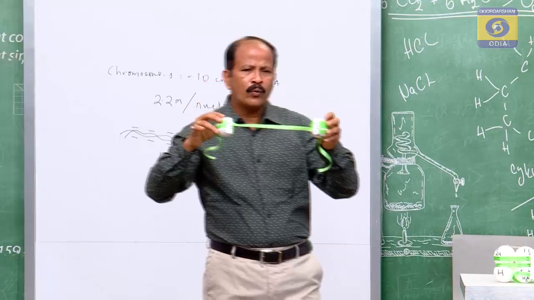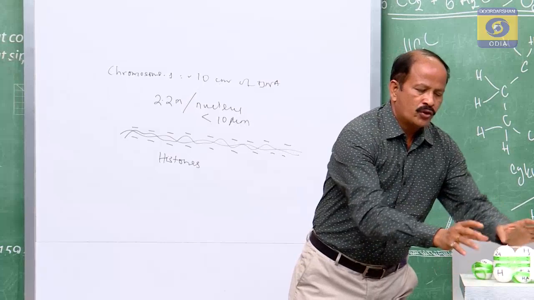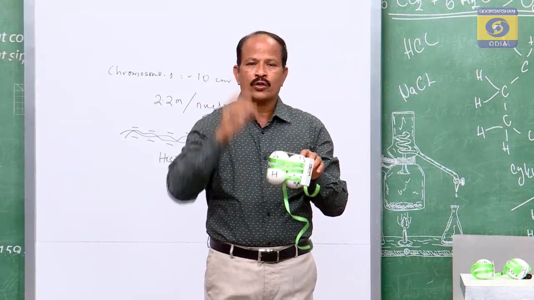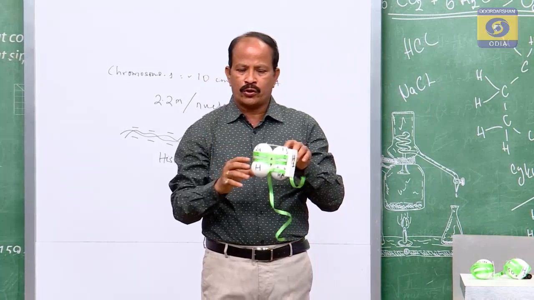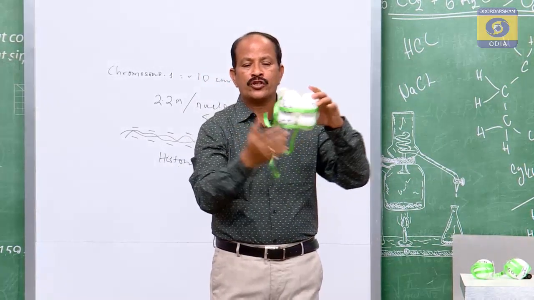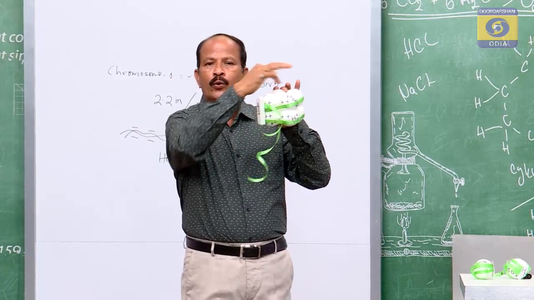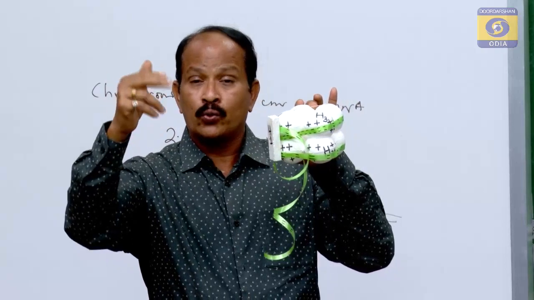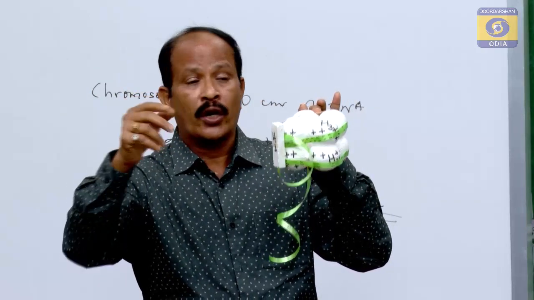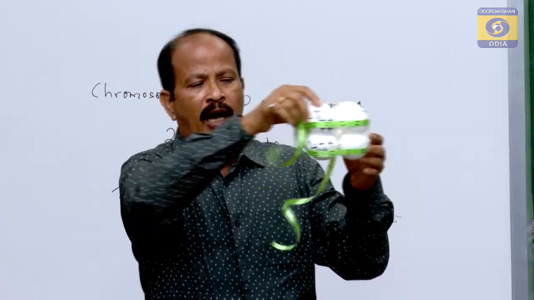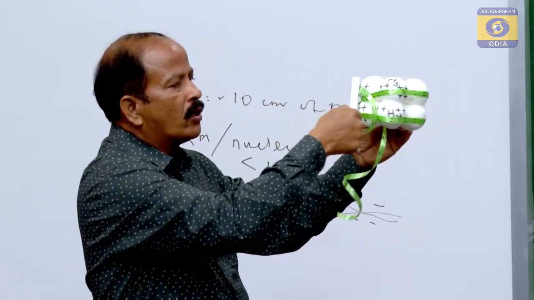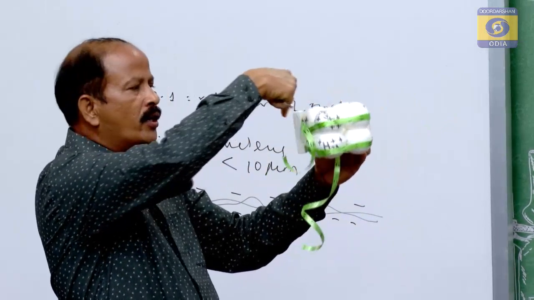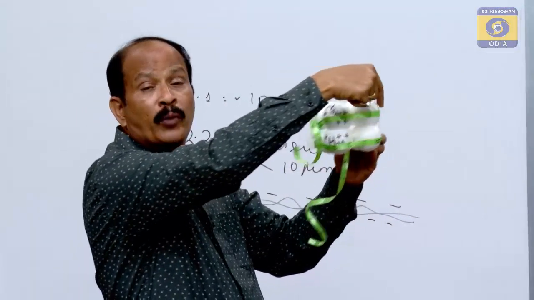Now, each histone core is a histone octamer. It is a disc shaped structure consisting of 8 histone proteins: 2 molecules of H2A, 2 of H2B, 2 of H3 and 2 of H4. They form the histone core, around which the negatively charged DNA is wrapped in a left handed manner in 2 complete turns.